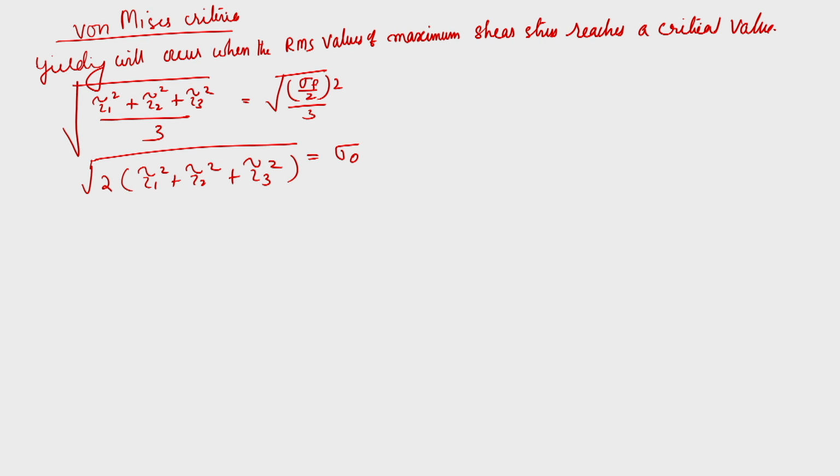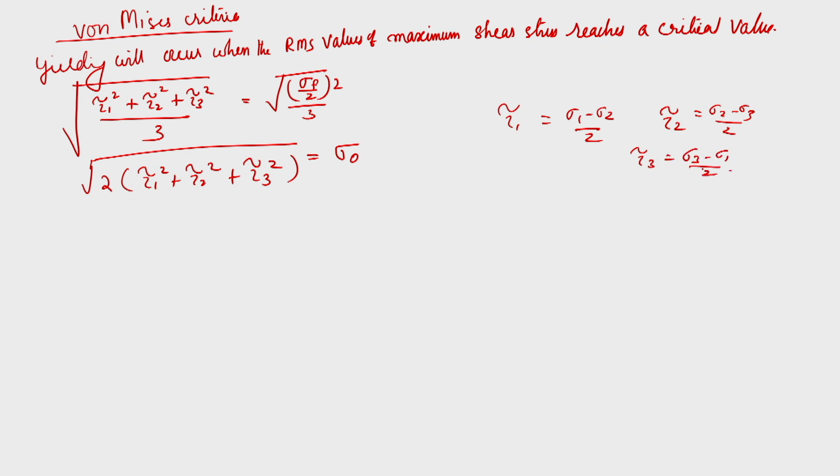And if you use this for tau 1, tau 2, tau 3, where tau 1 is equal to (sigma 1 minus sigma 2) by 2, and tau 2 is equal to (sigma 2 minus sigma 3) by 2, and tau 3 is equal to (sigma 3 minus sigma 1) by 2.